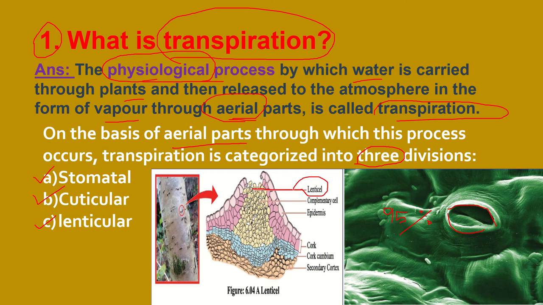They develop on the ruptured bark of some plants. The cells aggregated in a lenticel are loosely fitted, and water from the inside can be released through it. That is called lenticular transpiration. Let's go to the next one.